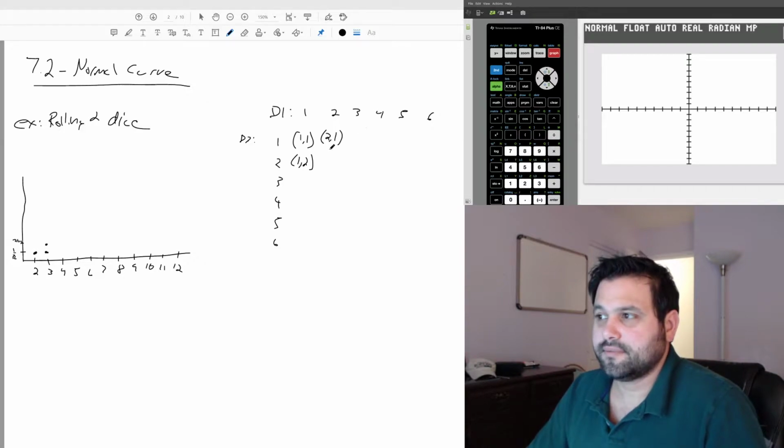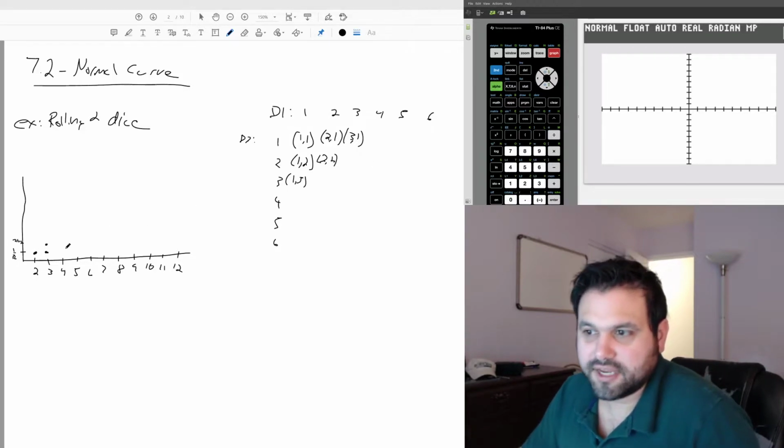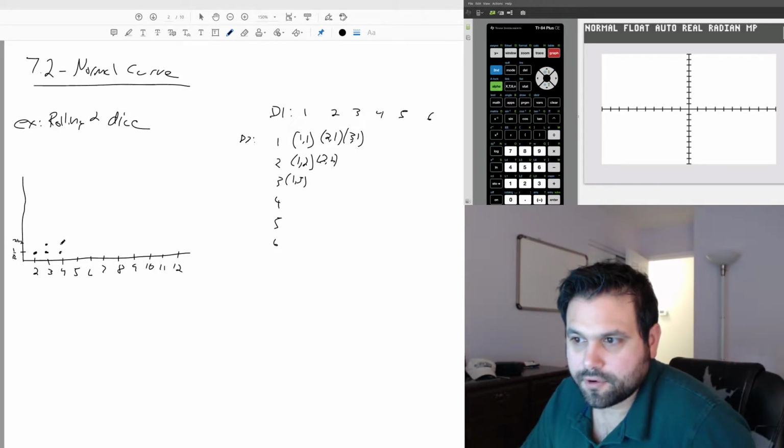How many possibilities can we do to make a 4? Well, there's the 1, 3. There's the 2, 2. And there's the 3, 1. Right? So there's 3 possibilities. And what we see here is that each time we get an extra possibility.